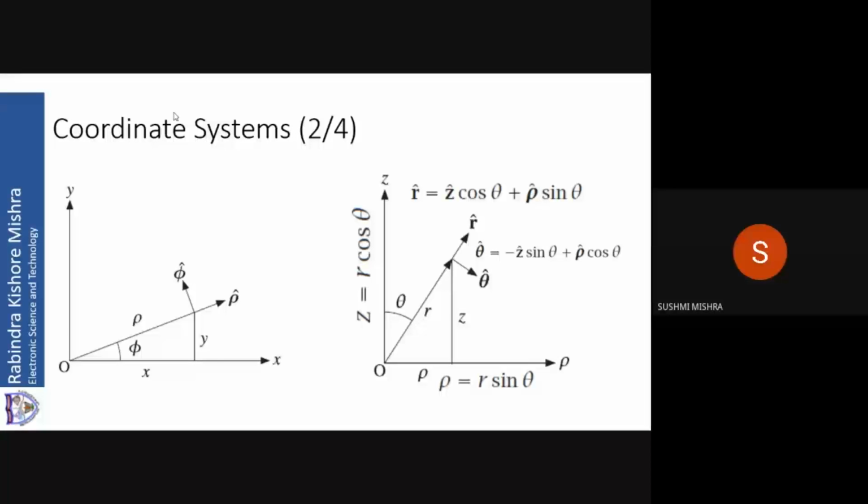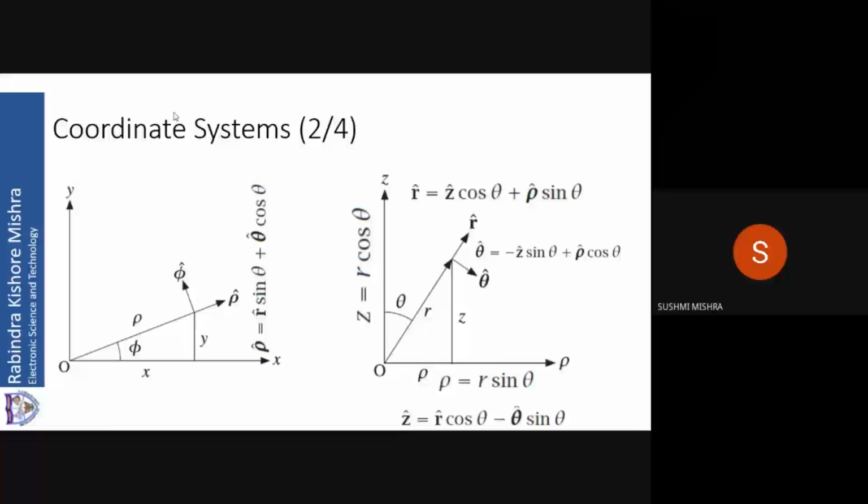Then next is, what is rho cap? Look at rho cap. It will be R cap sin theta plus theta cap cos theta. This you can find using the same principle that I have used in the previous case.